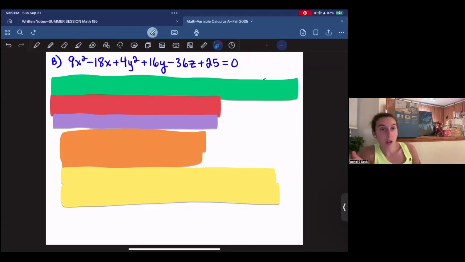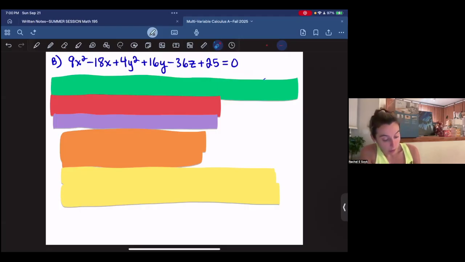The hint was on 2 slides prior where we might have to complete the square. And so what do we do here? Well, I see an x squared and I see a y squared, and then I see this 36z. I'm going to bring that 36z over to the right-hand side and then pair all of my x's and my y's together and then go from there.